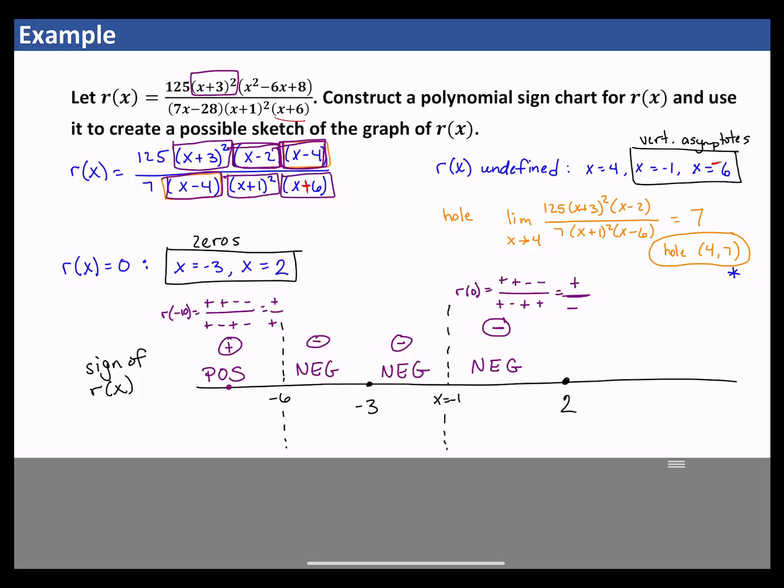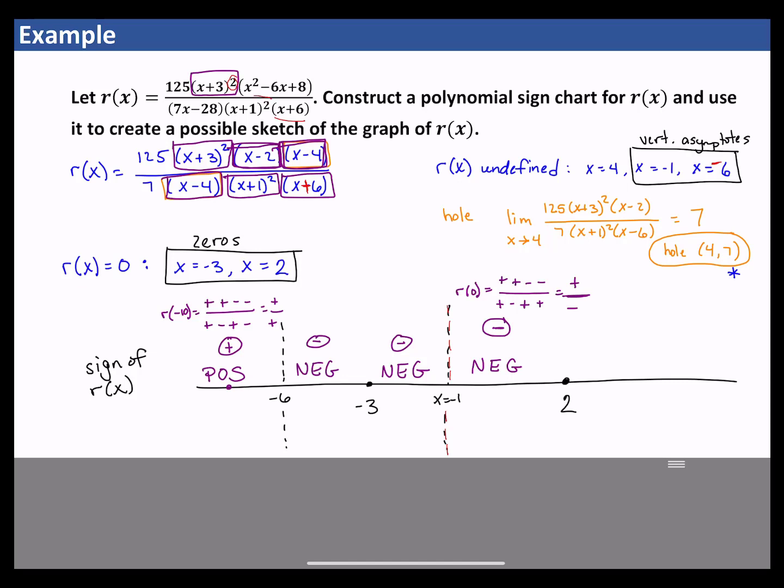Just as a side note, that shouldn't be too surprising because the zero at x minus 3 had a multiplicity of 2. So we knew that the graph would bounce off the x-axis there. You'll also notice that at this vertical asymptote at x equals -1, on both sides of that, the graph is negative. The graph did not change sign.